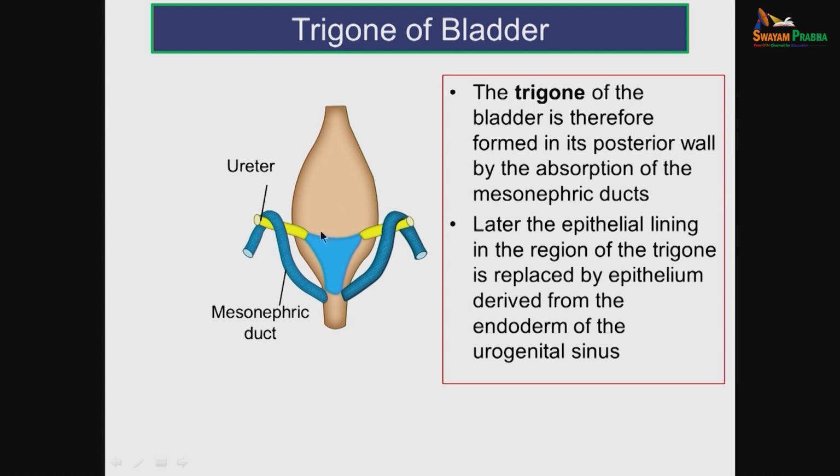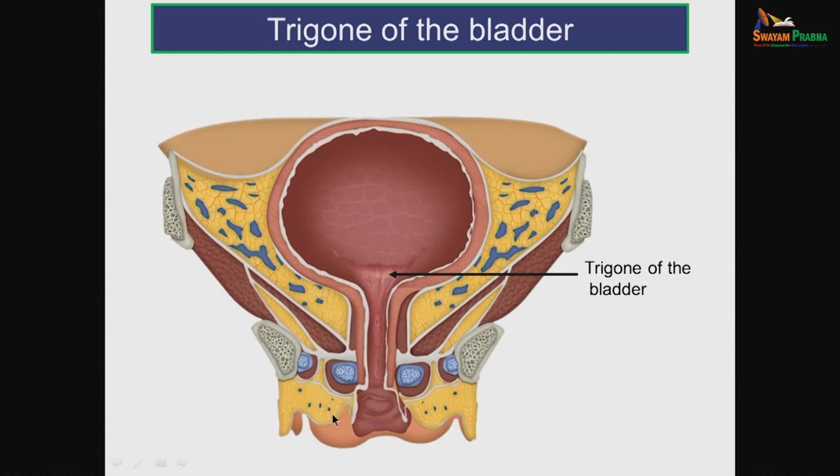Please understand, trigone is formed by the absorption of the mesonephric ducts. Hence, it is mesodermal in origin, while rest of the bladder is coming from vesico-urethral canal, one of the subdivisions of the cloaca, and hence it is endodermal in origin.